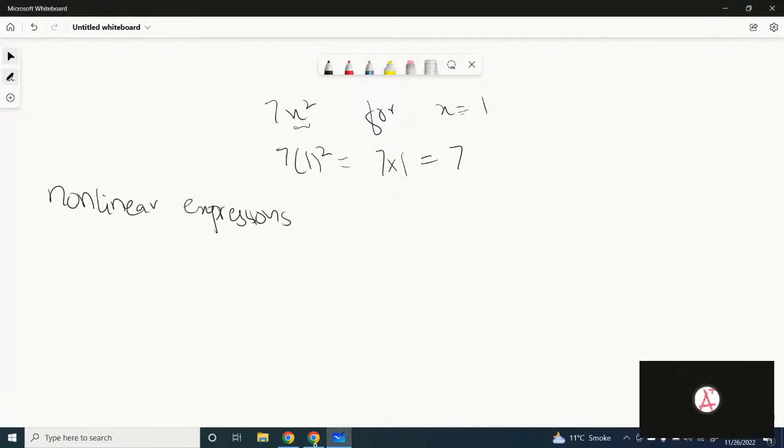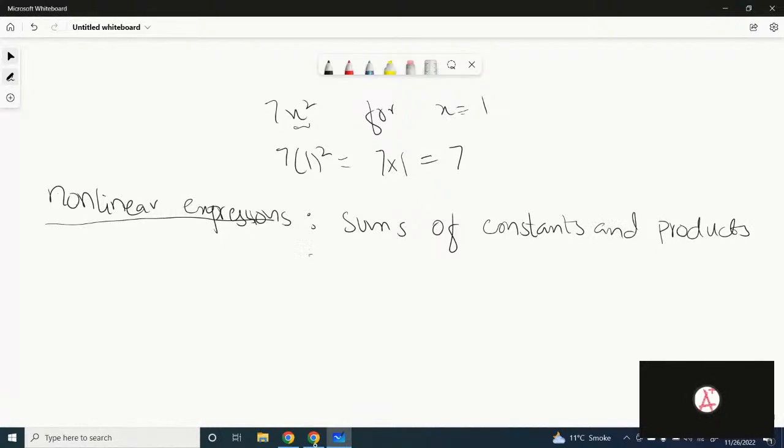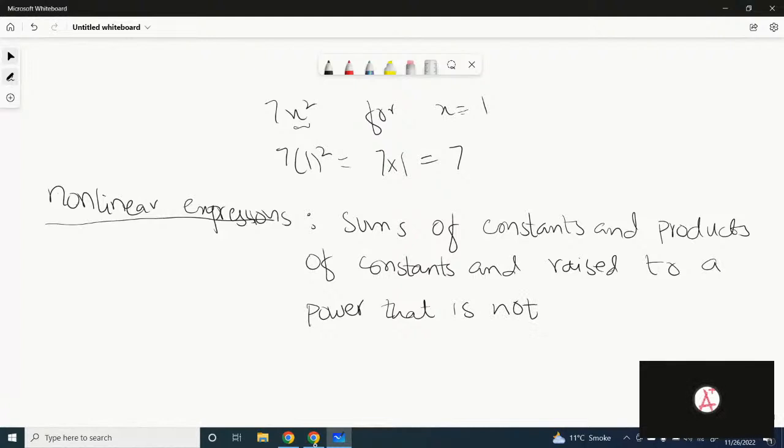So basically the nonlinear expression is the sum of constants and products of constants raised to a power that is not 0 or 1.